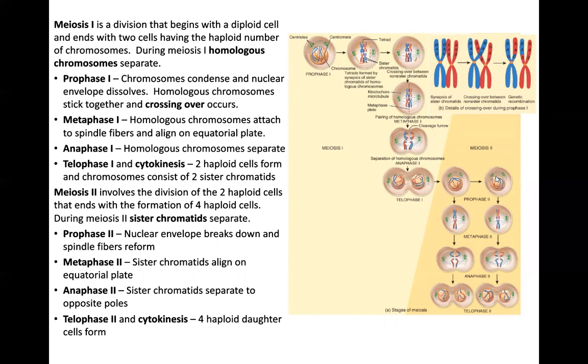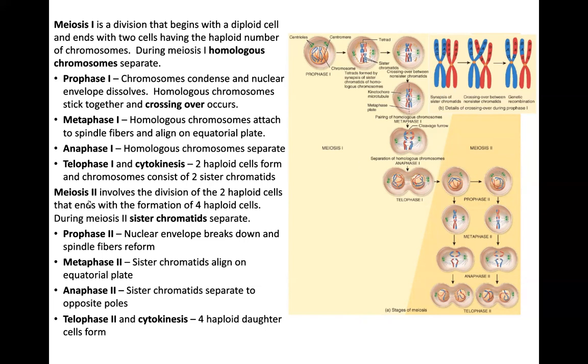During this process, the homologous chromosomes separate. So those pairs that we just talked about are separating. And why we see this number going from diploid to haploid is because now we don't have the pairs. They've split. So this has 23 chromosomes. This has 23 chromosomes.